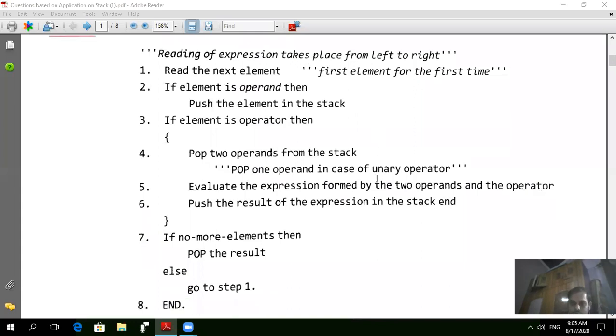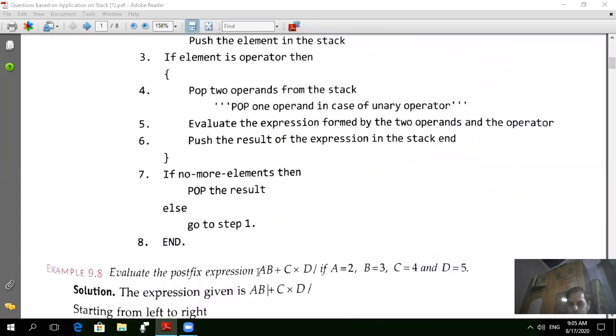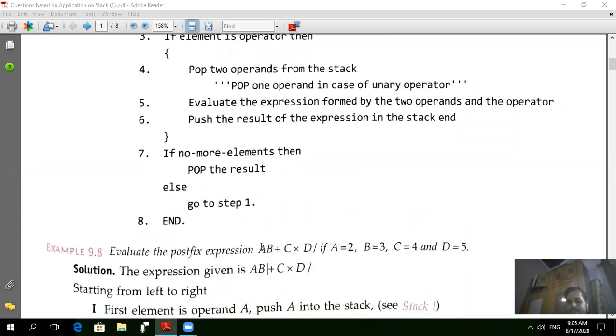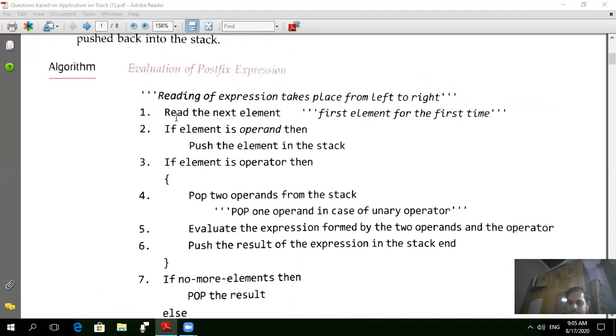So in this question I have performed the operation from left to right. I started from a and went up to divide. Clear? Then read the next element. So one by one you have to read the elements. First element is a, then you read b, then the plus sign, then c, then multiply, then divide. So the first step is to read the next element.